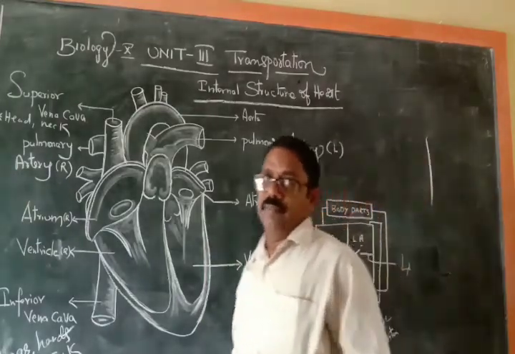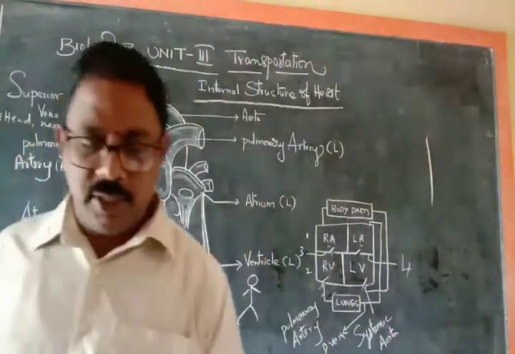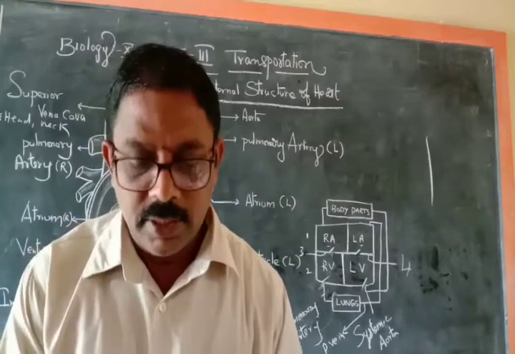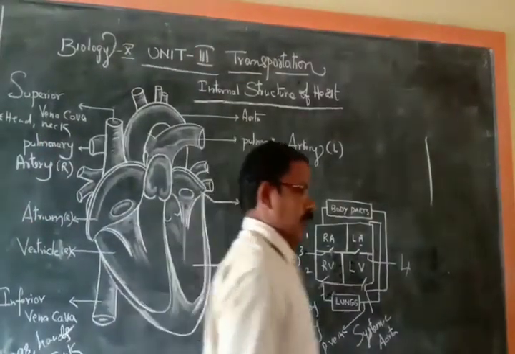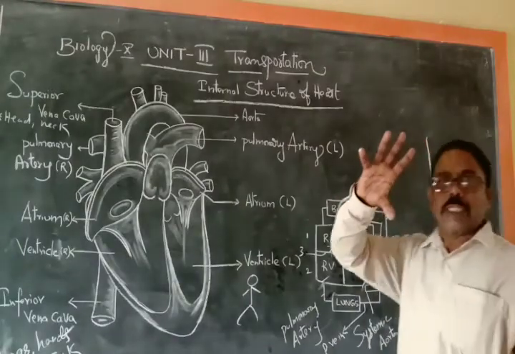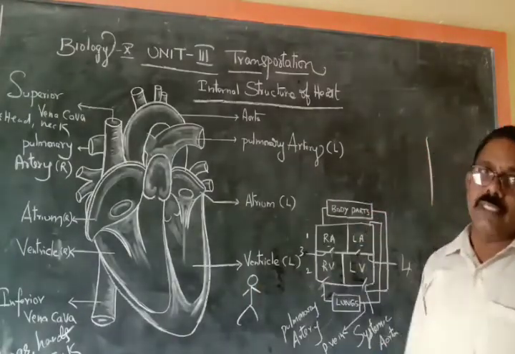Next, single circulation and double circulation. Single circulation is mostly observed in fishes.